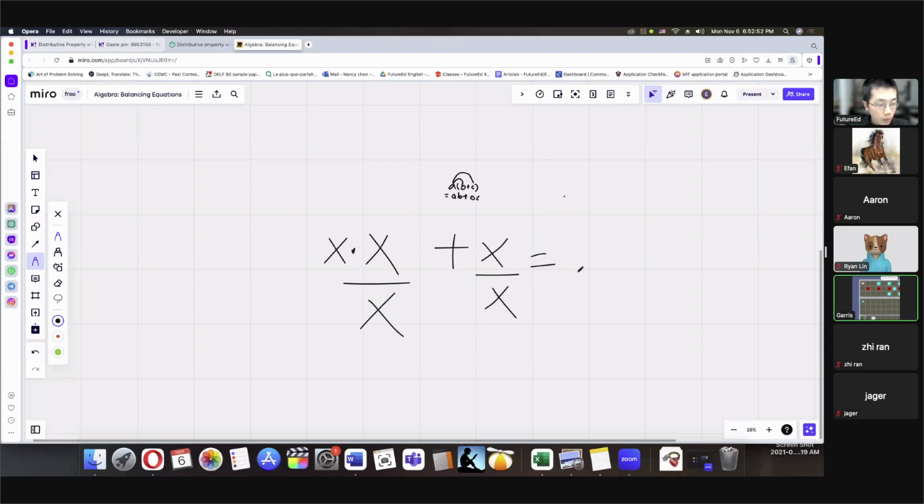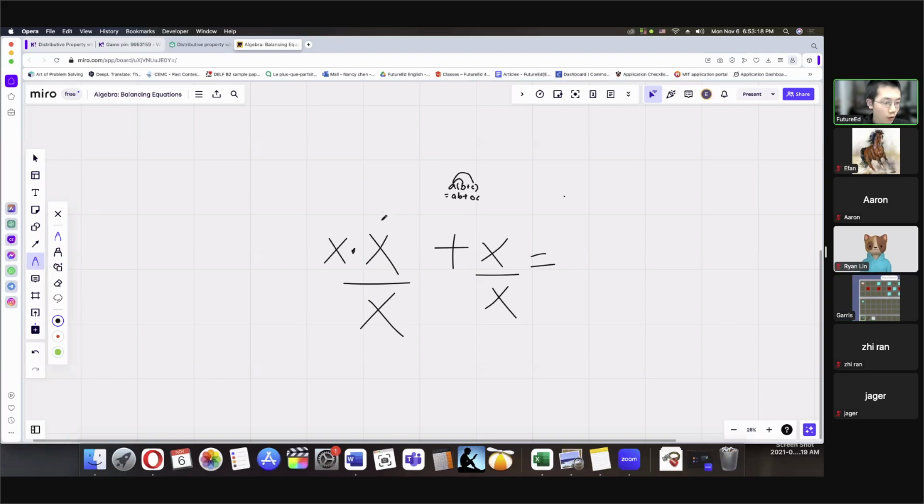We're assuming x isn't 0 for now, just for the sake of this problem. So remember, any number divided by itself is 1.